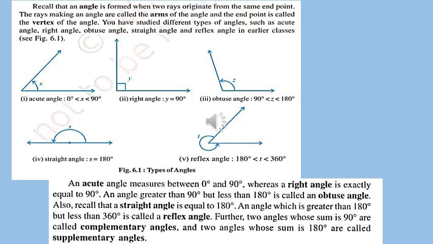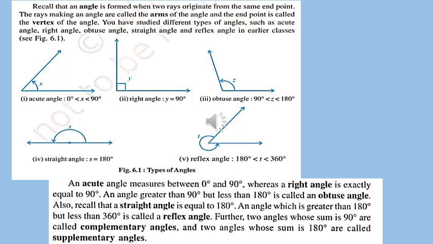A right angle is exactly equal to 90 degrees. Its measurement is 90 degrees. Now the angles which are greater than 90 but less than 180 degrees are called obtuse angles. A straight angle measures 180 degrees, which is nothing but a straight line.